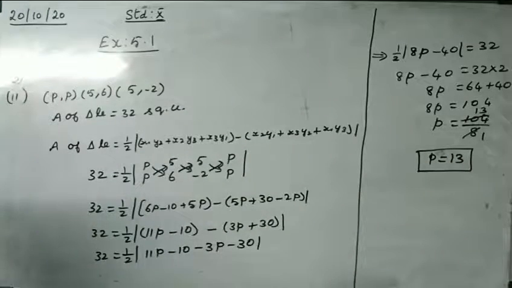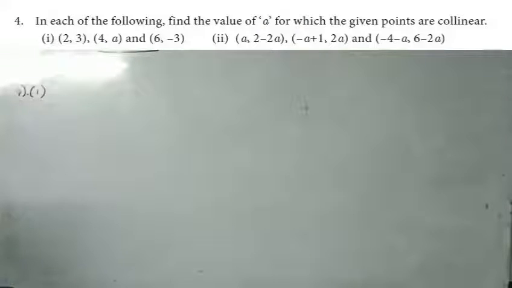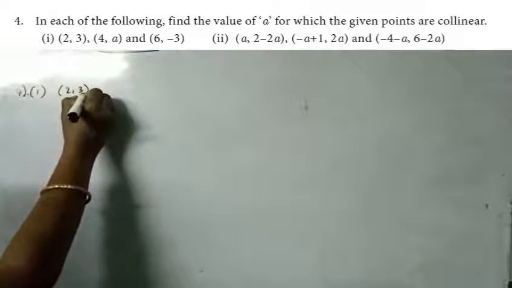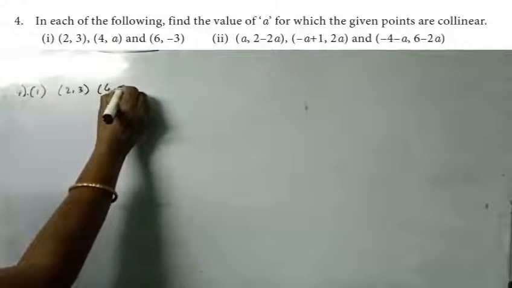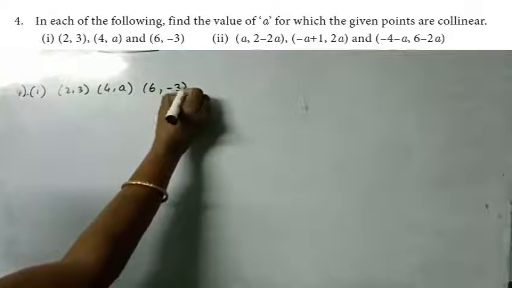And now question number 4. In each of the following, find the value of A for which the given points are collinear. First subdivision: the points are (2, minus 3), (4, A) and (6, minus 3).